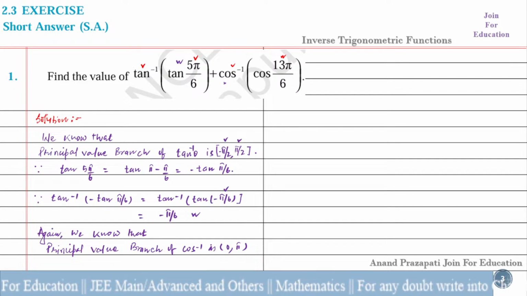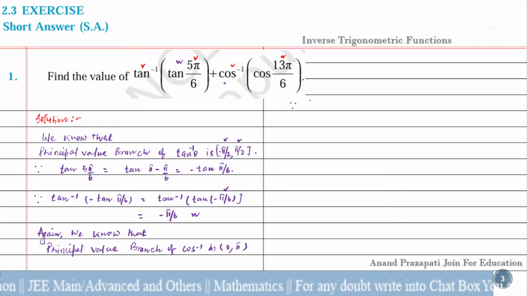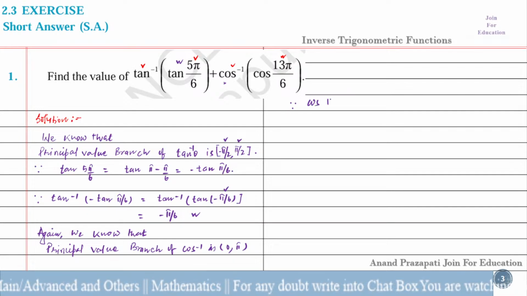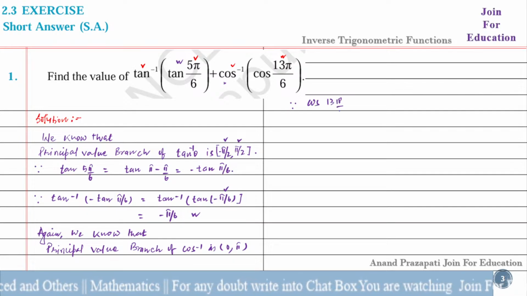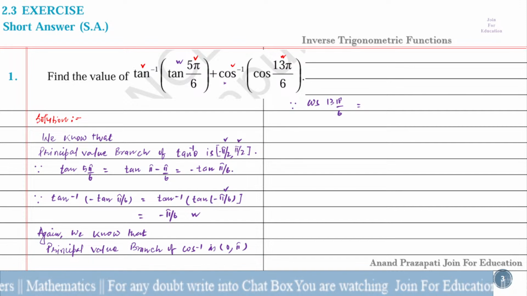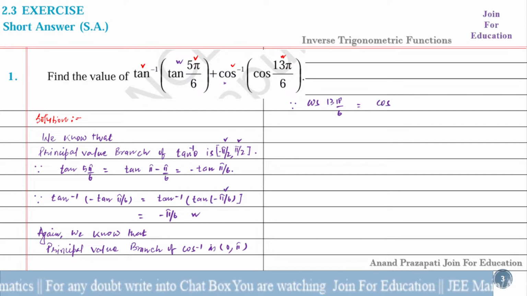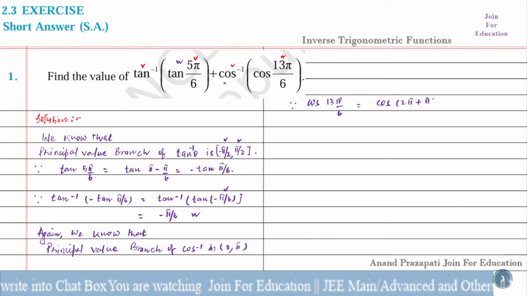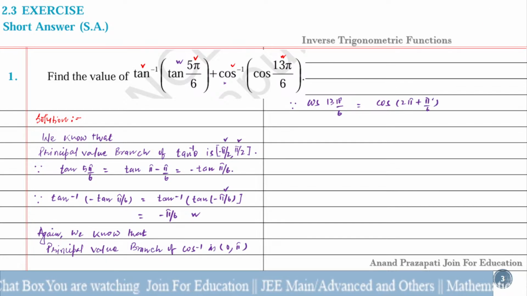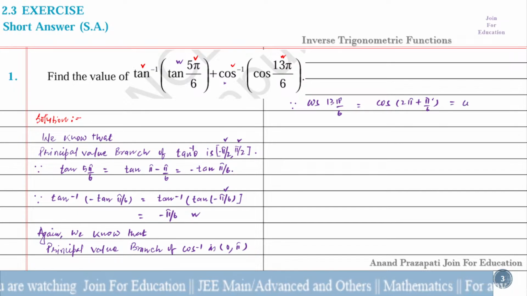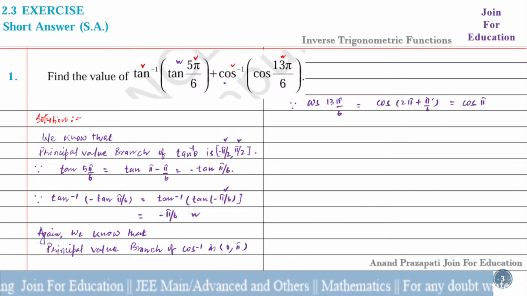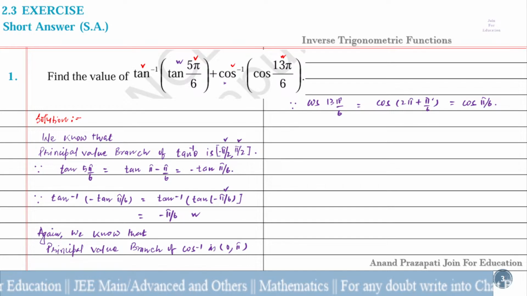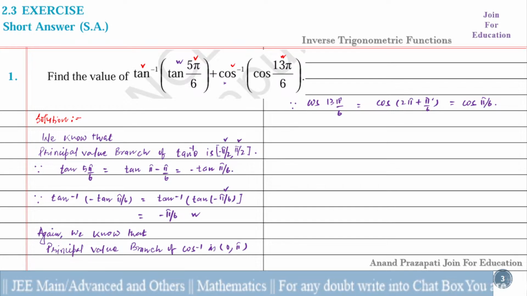Therefore here we write cos 13 pi by 6 equal to cos 2 pi plus pi by 6 equal to cos pi by 6. There is no problem to understand up to this step.